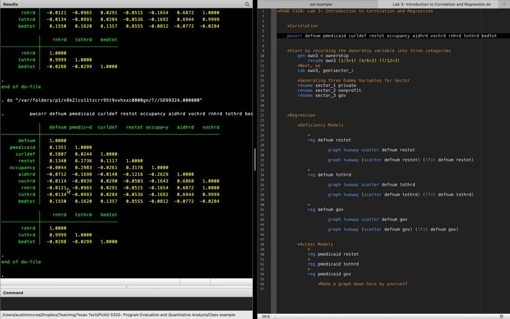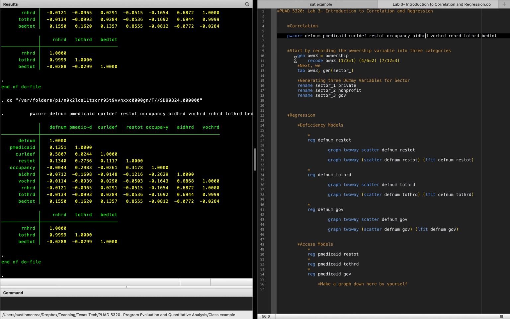And what you may have noticed for the regressions in this lab, it's asking us to include a single variable for our sector. And if you recall, our original variable for ownership has like 16 categories or something, right? But what we want to do is collapse this into 3 different categories. So we have a variable that's called private sector, one that's called nonprofit sector, and one that's called government.